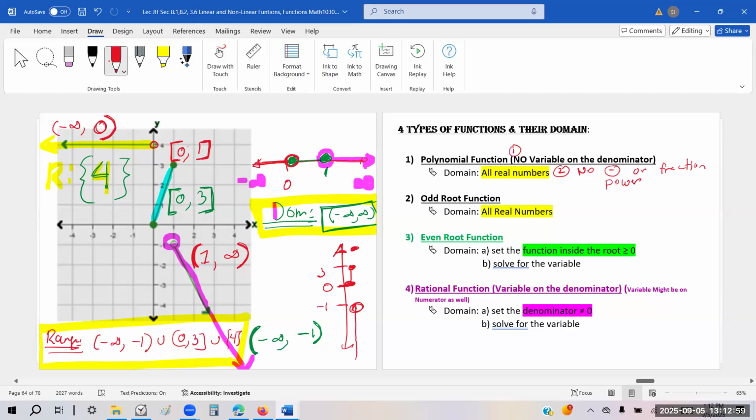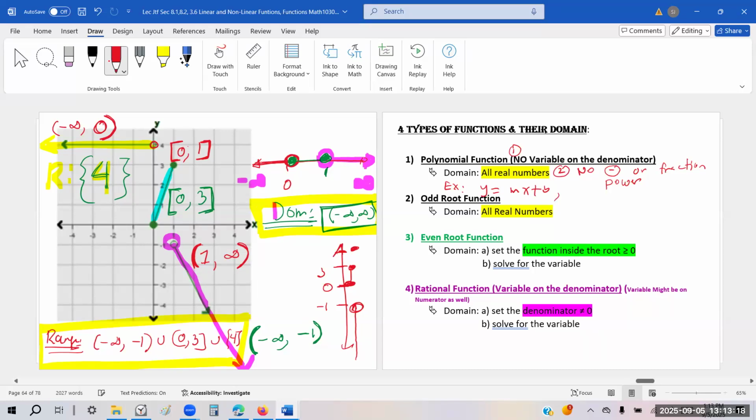For example, y equals mx plus b. It's a polynomial because x has the power 1. It's a positive integer. And also there is no variable in the denominator.